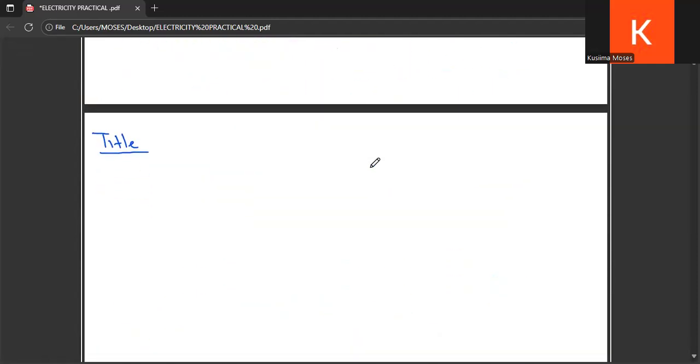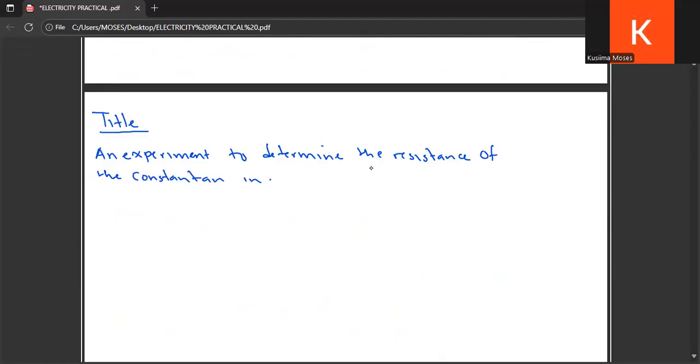So we have the aim and then the purpose. So we shall come and give our title: an experiment to determine the resistance of the Constantan wire in order to find out whether it is of recommended standard.